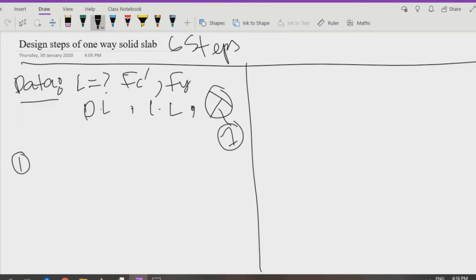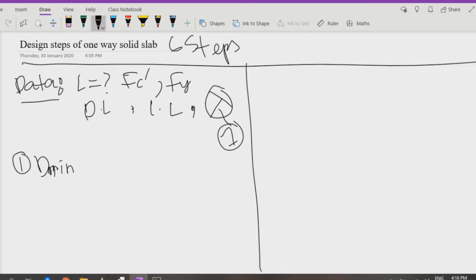The first step is to determine the minimum depth of our slab. For the depth of slab, I take the minimum depth of slab as L by 20.